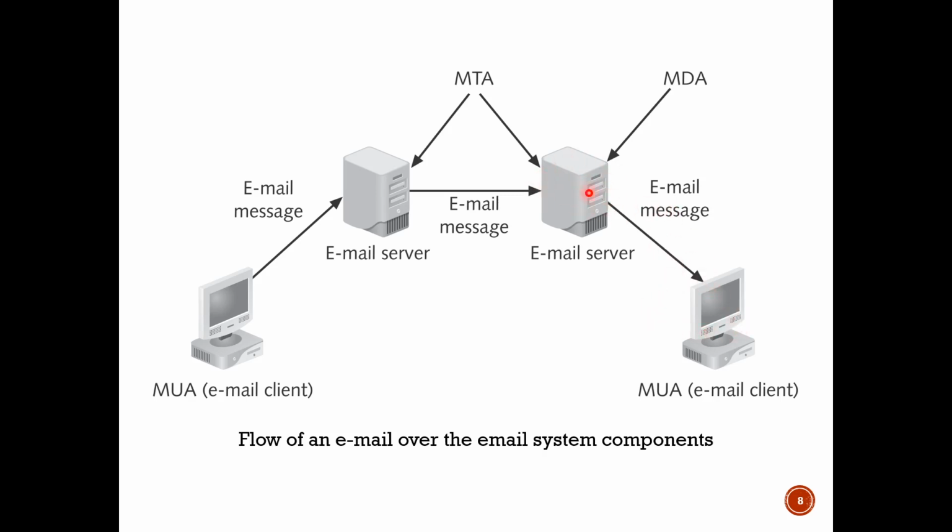When it finally reaches the nearest email server that the receiver is connected to, that email server activates its mail delivery agent service or application, to forward by name or by IP address the message that has been received from the other servers.